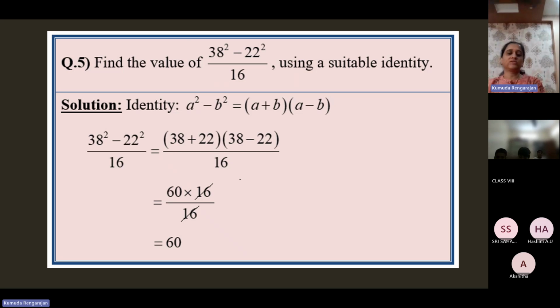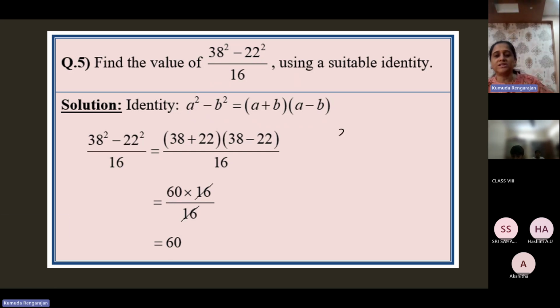Evaluate, using a suitable identity. So the numerator is in the form a squared minus b squared. So a plus b into a minus b by 16. When you add, you get 60. When you subtract, you get 16. Cancels, answer is 60.